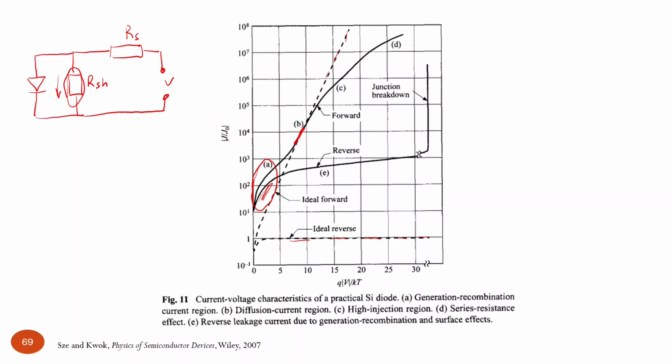So for that purpose we have a semi-empirical equation for the current voltage characteristic of a PN junction. We can write that current is equal to I naught, which may already be voltage dependent. In case of generation recombination processes it is voltage dependent.